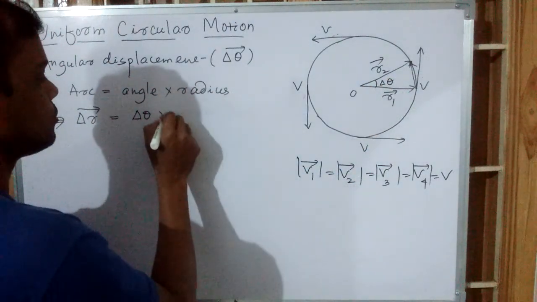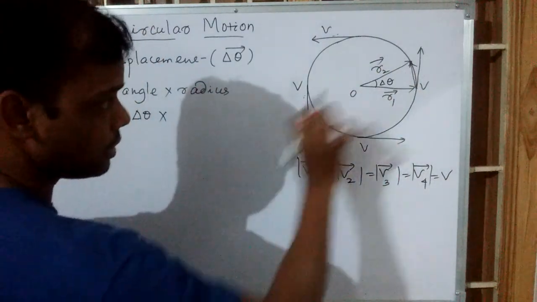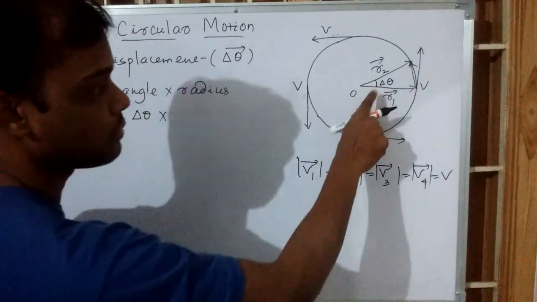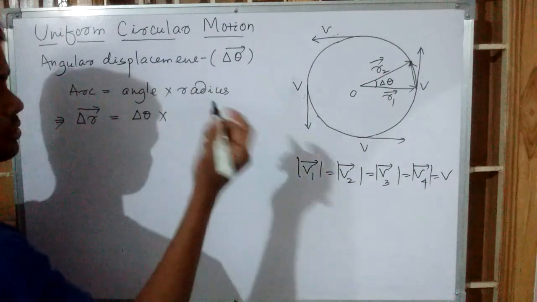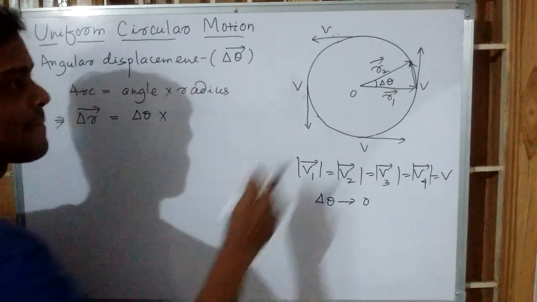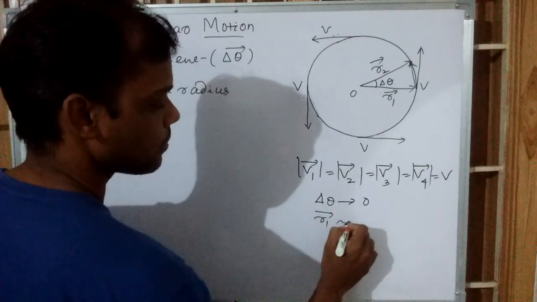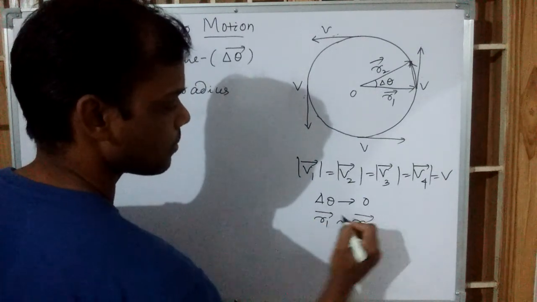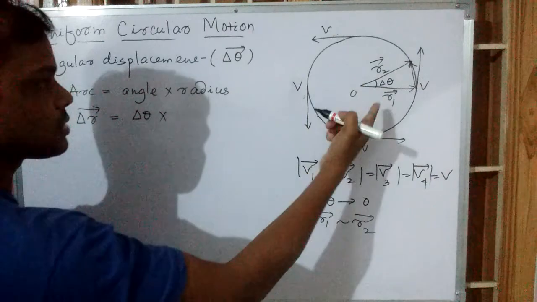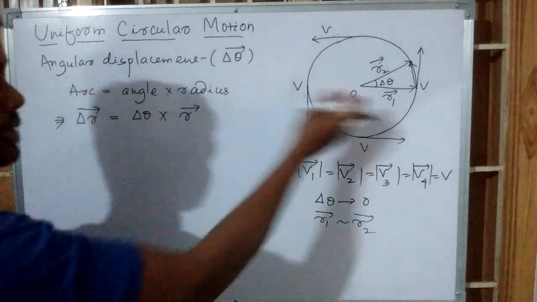Then radius. If displacement is small, then R1, R2 can be considered one vector. Small means del theta tends to 0. So if del theta tends to 0, then R1 is nearly equal to R2. Then I can choose any radius, that is R, but R is a vector.